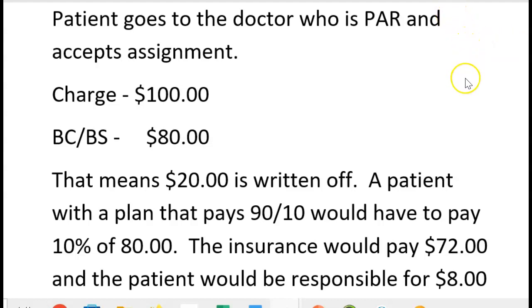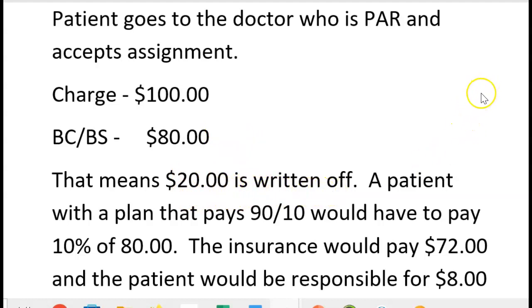That means you as the patient would have to pay $8. Once again, this is any place that is par. They accept assignment. The charge for your visit that day was $100, but Blue Cross Blue Shield says we only pay $80 for that service. Since they accept assignment, they have to write that $20 off.